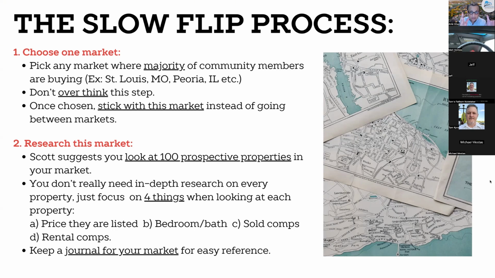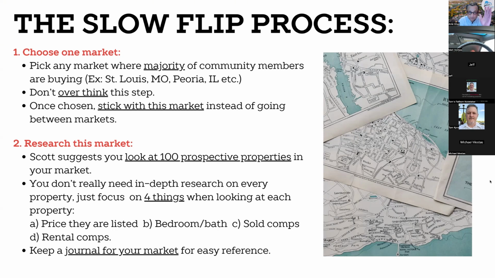If you have certain buying criteria and you keep searching, and suddenly you'll see after a couple of weeks that there are very few properties, that could be discouraging for some people, saying, oh, maybe I'm looking at the wrong market. No, you're not. As long as the community members are buying in those markets and they're filling them, they're already successful. So you don't have to reinvent the wheel. All right. So, number one, choose one market and stick with it.